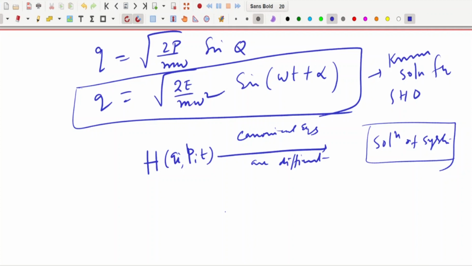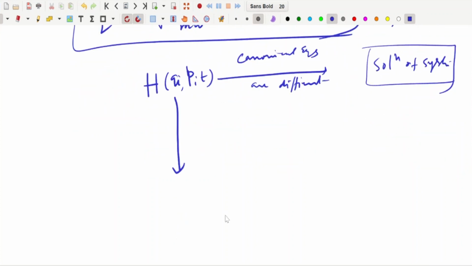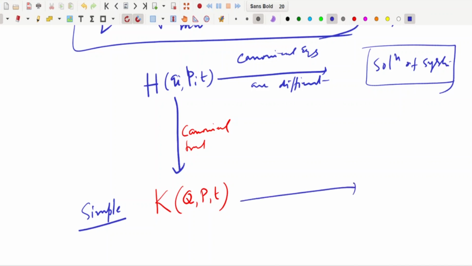So what you can do, we can make a canonical transformation to go to a new Hamiltonian, which is in terms of new canonical variables, so which may be simple. Now this is a simple Hamiltonian. Simple means its canonical equations are simple, we can easily solve.